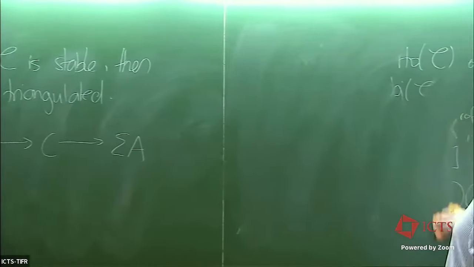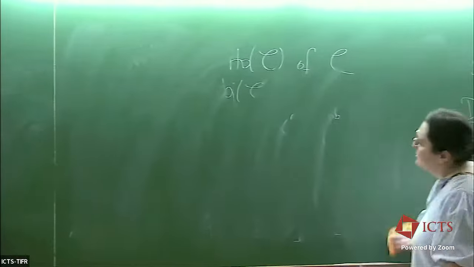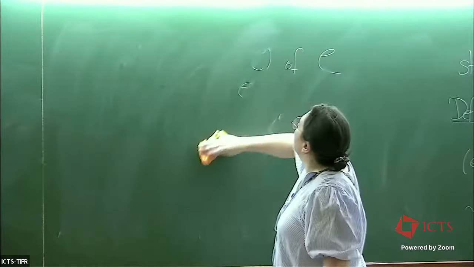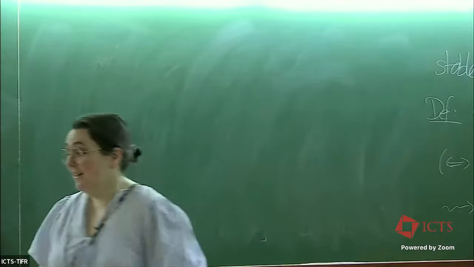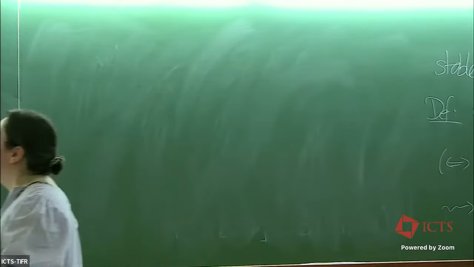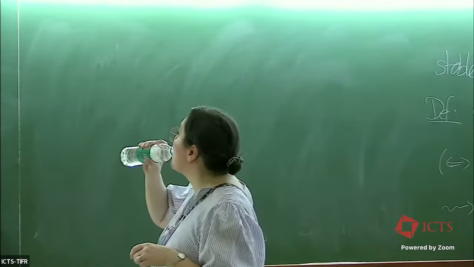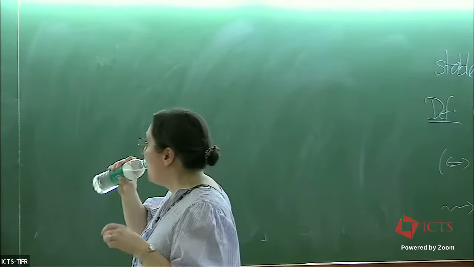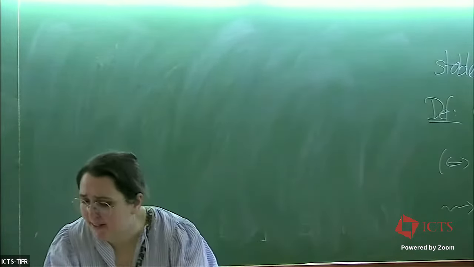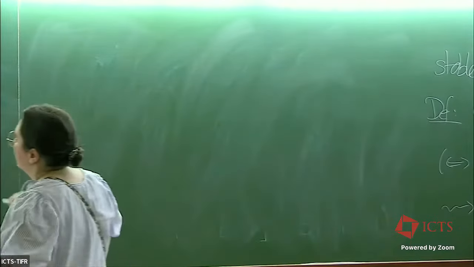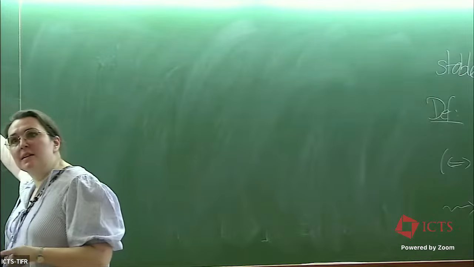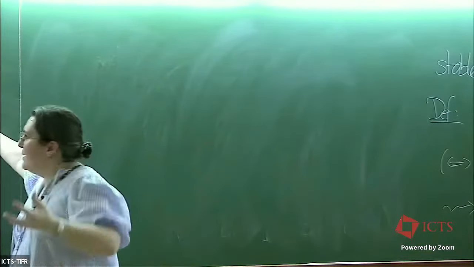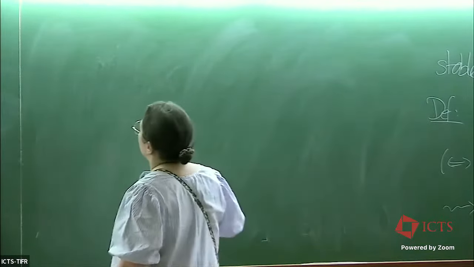Because now, finally, however many minutes before the end, I can actually tell you what the title of my talk means. So in particular, of course, that means the stable homotopy category is triangulated, and it is a big, big, big important category.